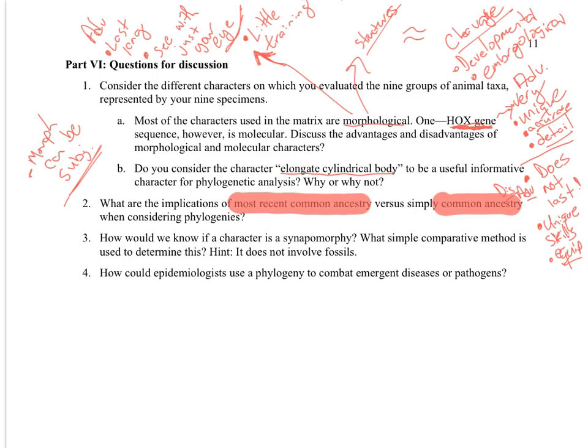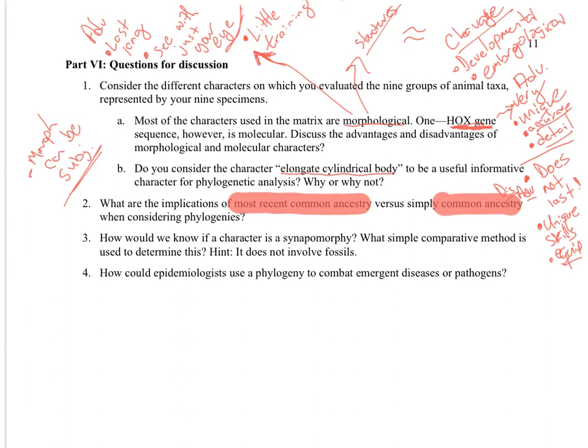So question 3 asks you, how would you know if a character is a synapomorphy? And the next part of the question is, what simple comparative method is used to determine this? So remember, a synapomorphy is a derived trait that's shared among members of a taxon that share a most recent common ancestor.